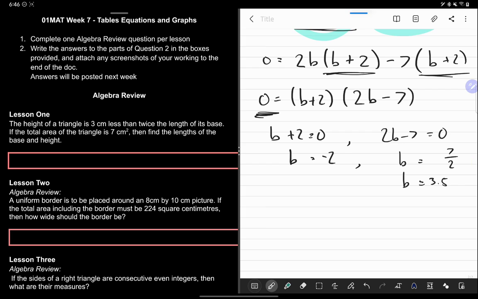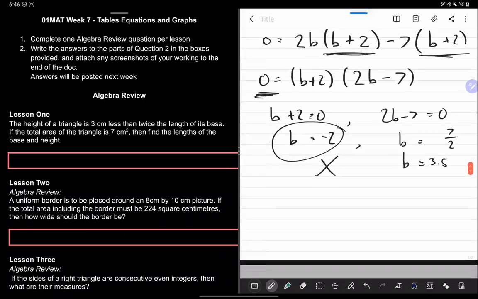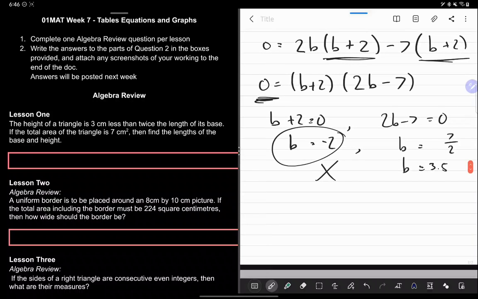So we have these two options. Now we know this one is impossible, because we're dealing with a shape with a length, and we can't say that the length is -2 centimeters, so that doesn't make sense. So we know that the base has to be that.